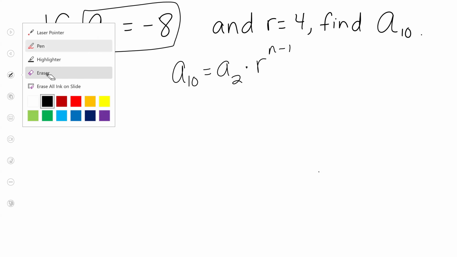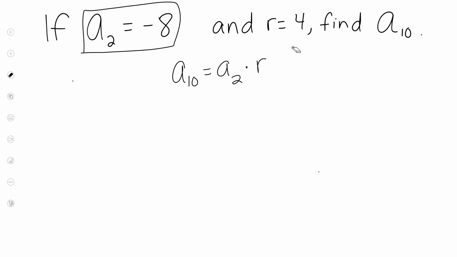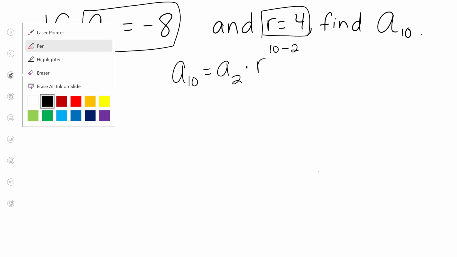And remember, my exponent here has to match what I have. So I have to have a 10 minus a 2. Okay, so that's how I'm going to set up my formula using what they gave me. Now let's start simplifying. Oh, they also told me that R is 4. So let me substitute that. I know my R value is 4.